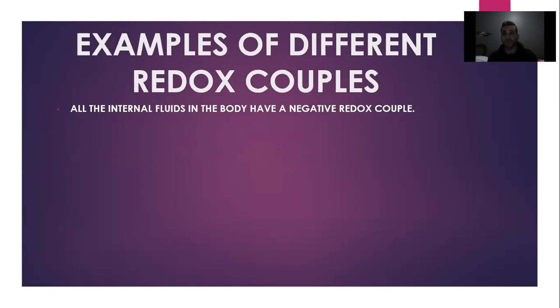There's a reason that all the fluids in our body have a negative ORP. That is an electron donating environment. It's an environment that is, for the most part, not acidic, and it is an environment that will be able to promote life, promote growth.